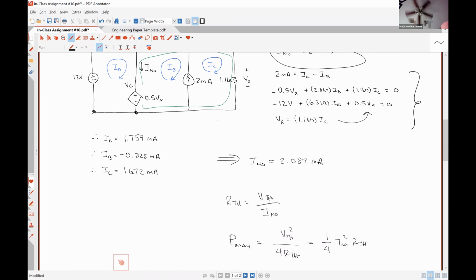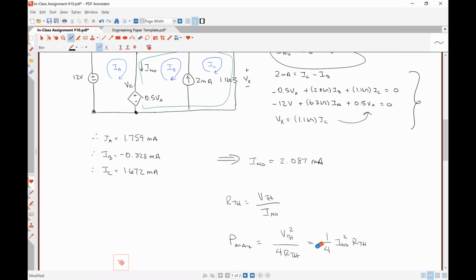I don't know why I keep wanting to put my subscripts as superscripts today. That's just our maximum power transfer equations applied to a practical voltage source that is our Thevenin equivalent circuit on the left-hand side, or a practical current source that is a Norton equivalent circuit, which is this guy on the right-hand side. So all of our maximum power transfer equations still work.